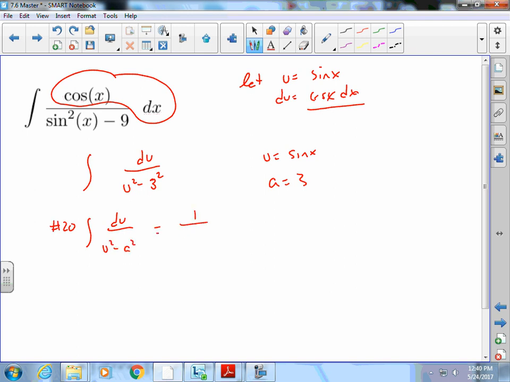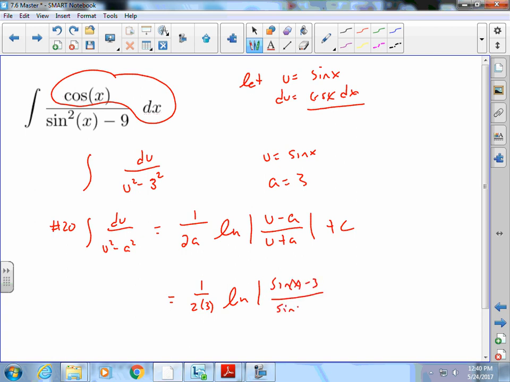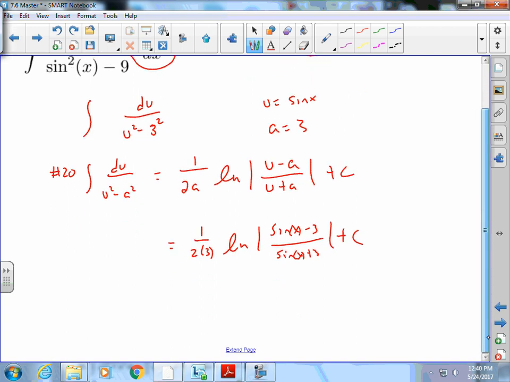And that's equal to 1 over 2 times a, the natural log, u minus a all over u plus a, close that, plus c. We know what u is, we know what a is. So now we're looking at 1 over 2 times 3, the natural log, sine of x minus 3, over sine of x plus 3, plus a constant.